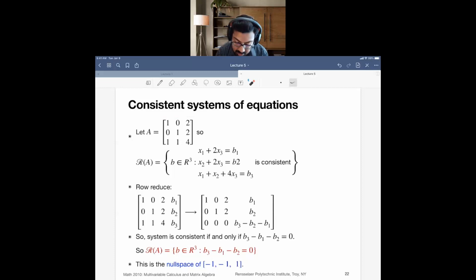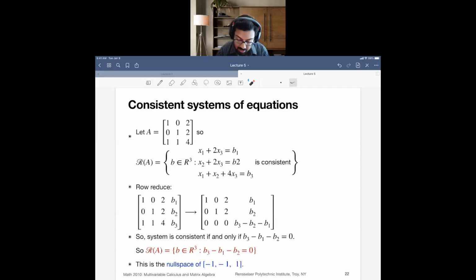So A is this particular coefficient matrix, and I'm defining the range of A as B's that belong to R cubed so that this system of equations is consistent, right? So the way I'm defining my range is this system of equations has to be consistent. Find the B's that make it consistent. That is going to be my range of A.